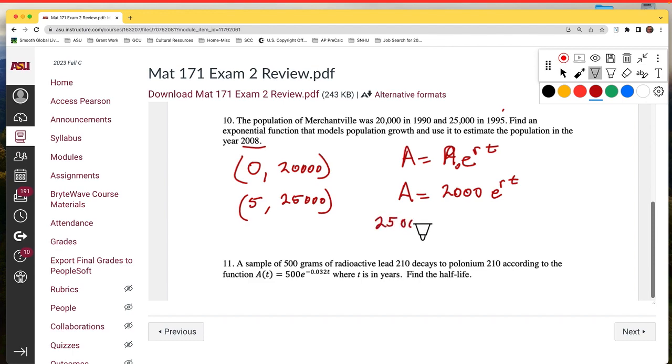So we get 25,000 equals 20,000 e to the r times 5. That's 20,000, not 2,000. I lost the 0. Take 25,000 divided by 20,000. That gives us 1.25.